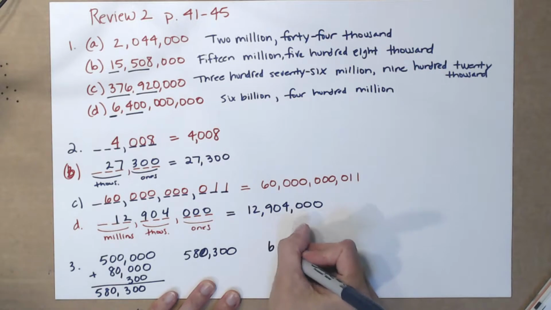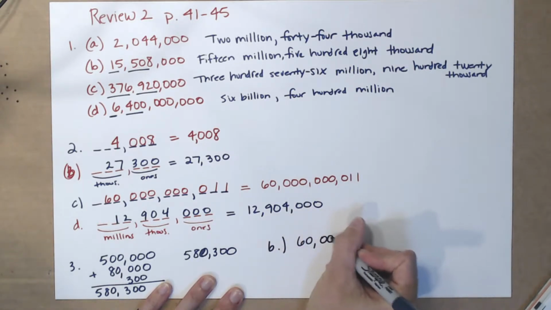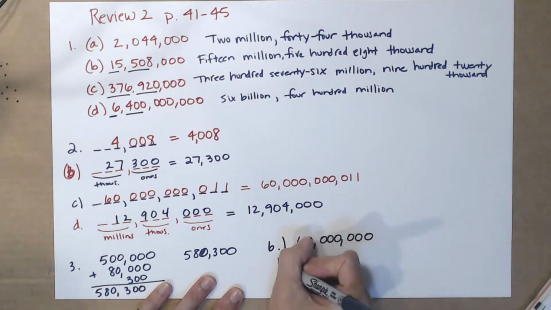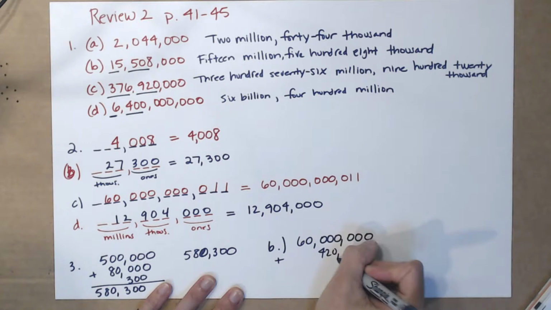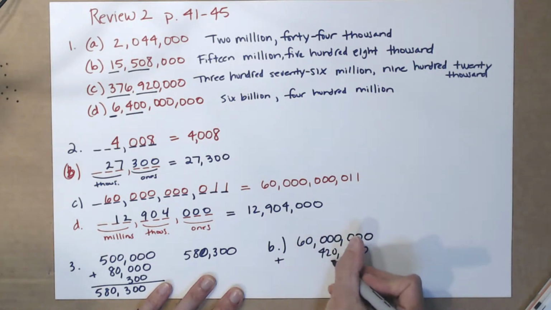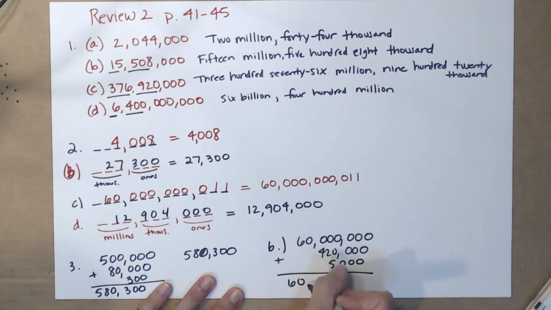So for B of that same problem, again, if you can't do it in your head, do it vertically. 60 million plus 420,000 plus 5,000. So we only have the 60 millions.